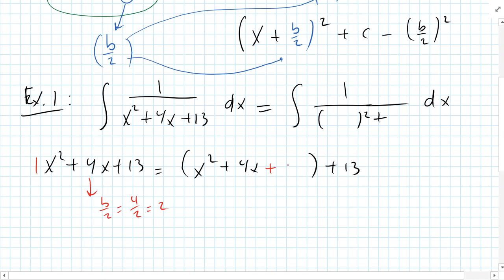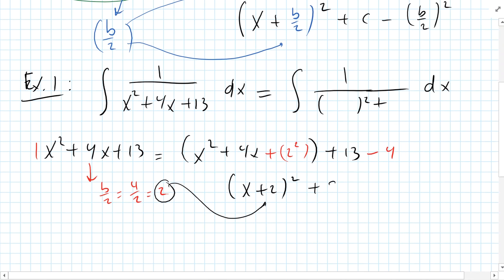So I have to subtract a 4 on the outside. Added a 4, subtracted a 4. I also know that this factor is going to be x plus 2 squared, because I use this 2 there also. And then 13 minus 4 is plus 9, so I get x plus 2 squared plus 9.